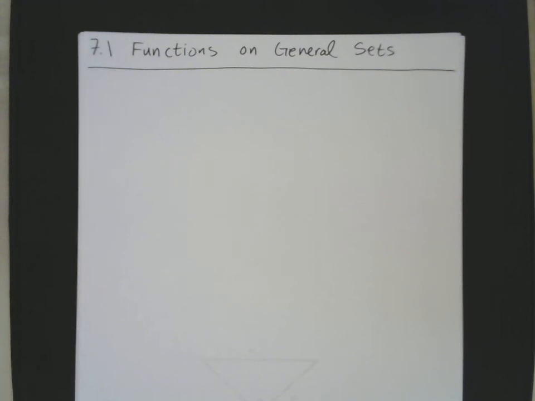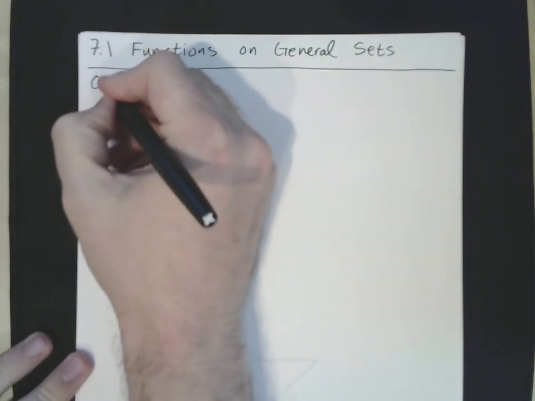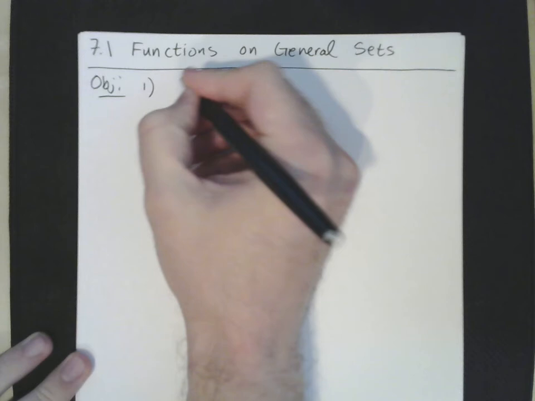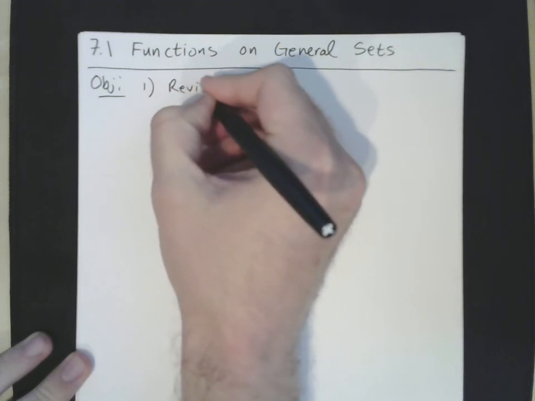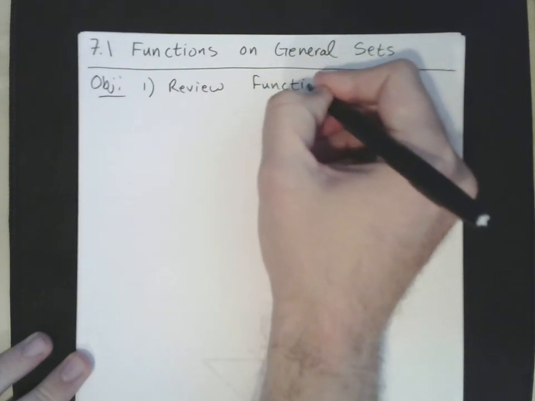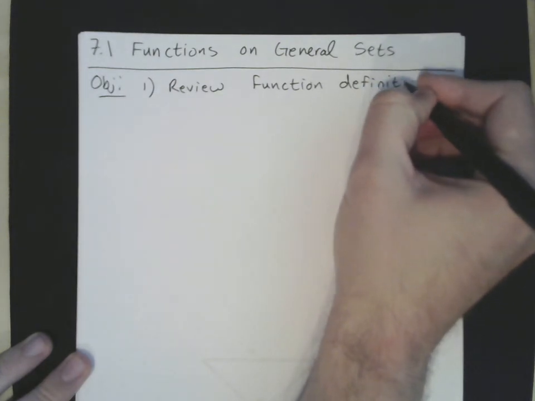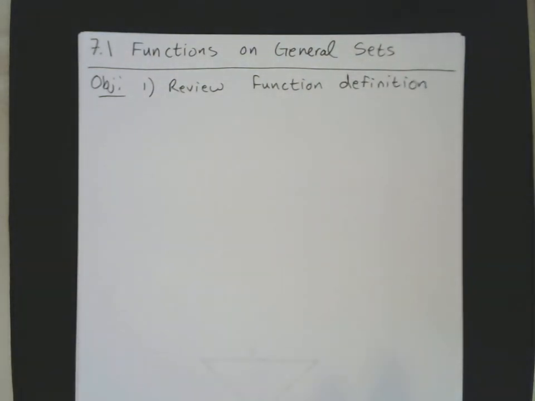This first section is relatively short because a lot of this stuff is something that we're familiar with, but we have 4 things to go over. Number 1 is we're just going to review function definition. And we're going to write out our definition in terminology, some new terminology maybe for some of you, but this is going to be mostly in the language that we're used to in this course now.